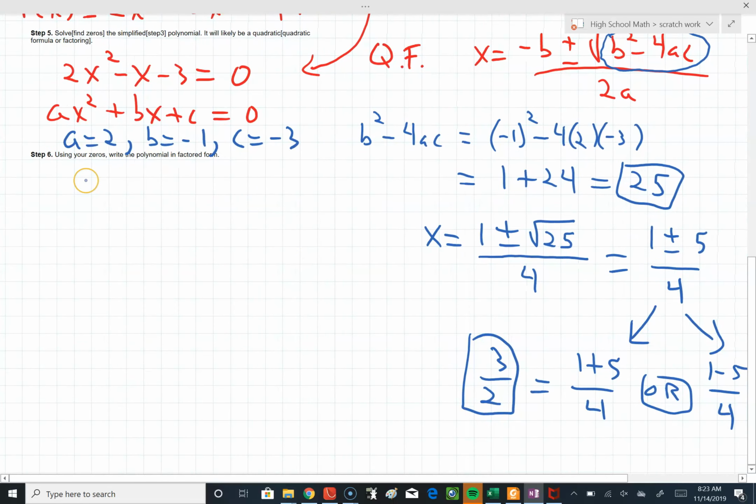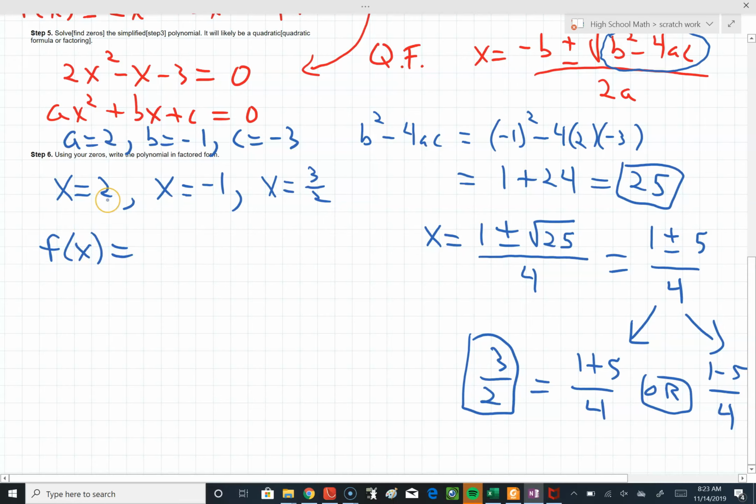It says use your zeros. Our zeros are x equals 2, x equals negative 1, and x equals 3 over 2, to write the polynomial in factored form. So f of x equals.